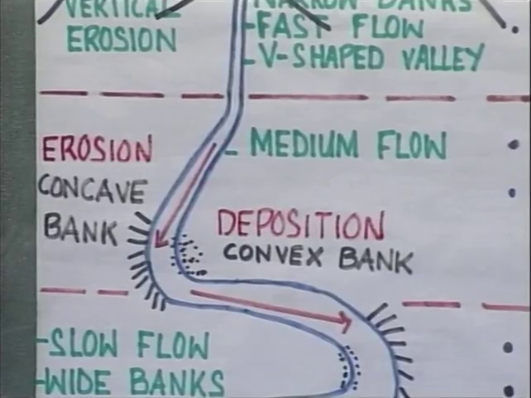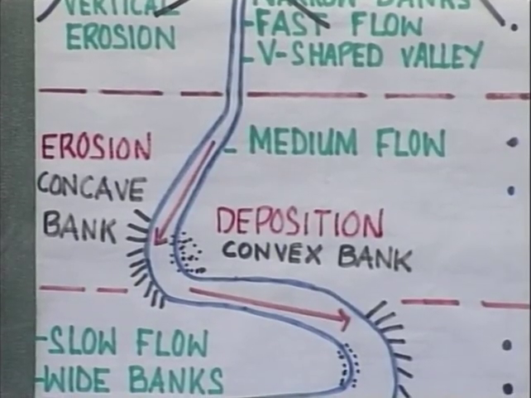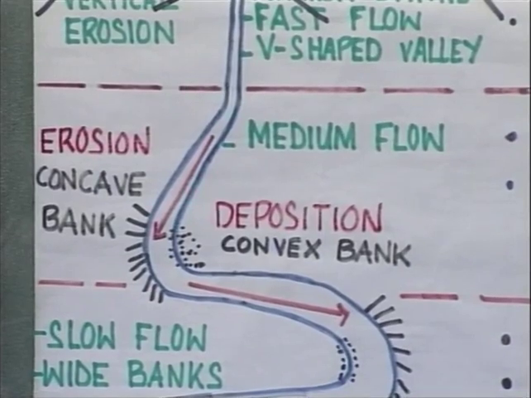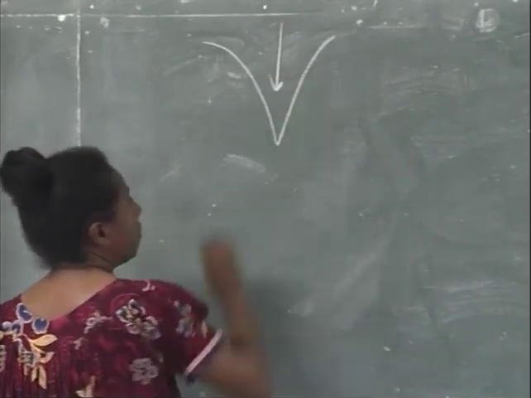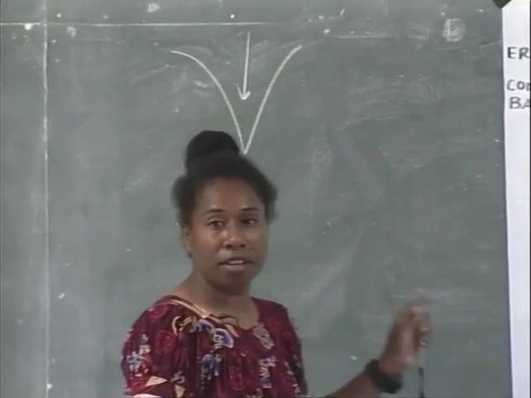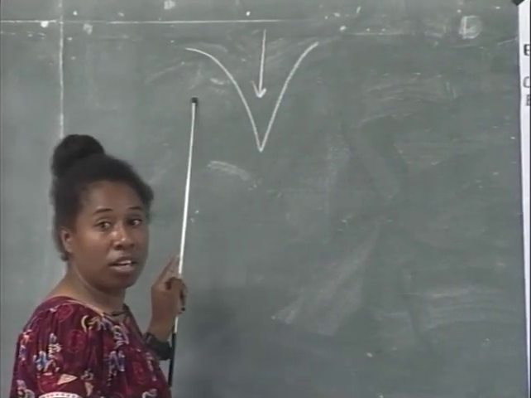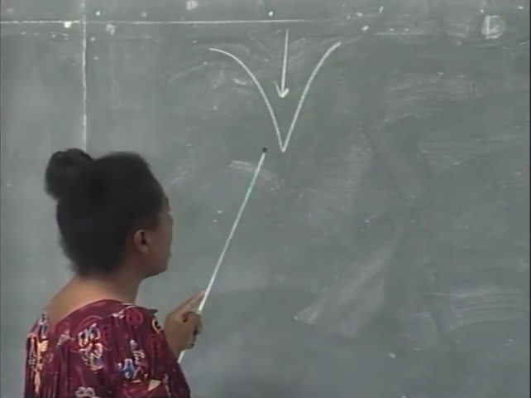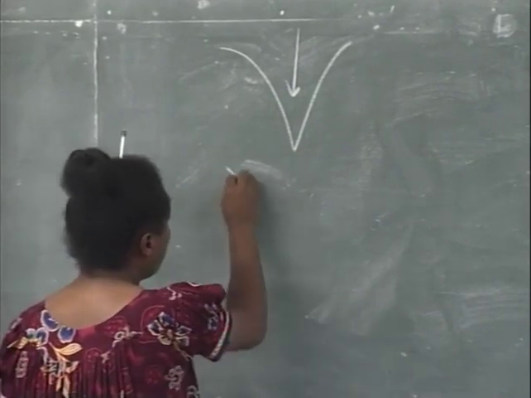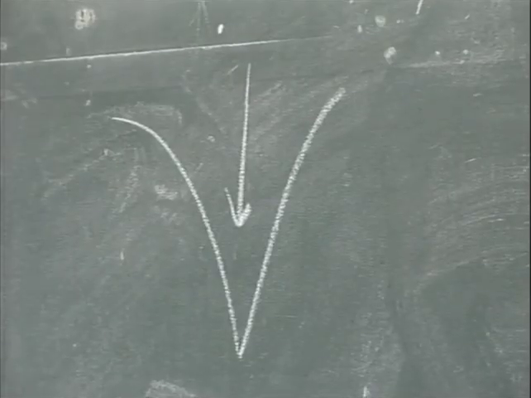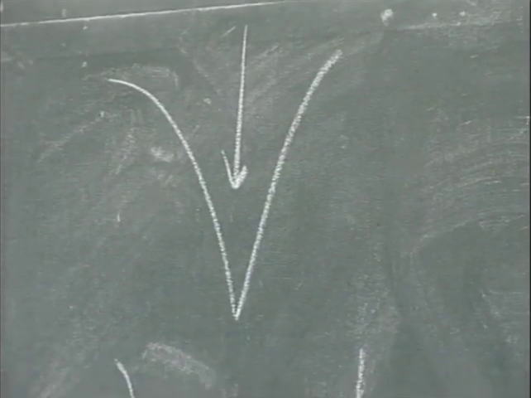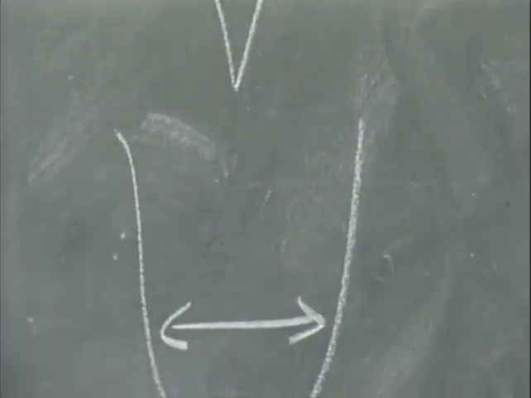So if we go now to our diagram, perhaps a quick illustration of that information on the board. In the first stage, we had the V-shaped valley, and the V-shaped valley was a result of vertical erosion. In the second stage, that V now will tend to a U-shape, and the U-shape is as a result now of lateral erosion.